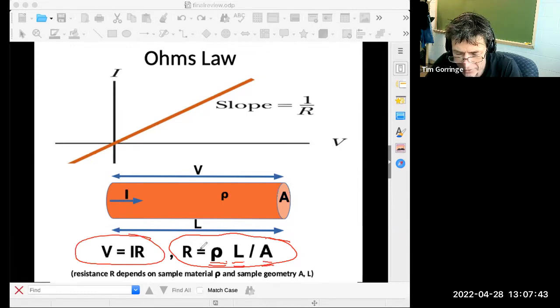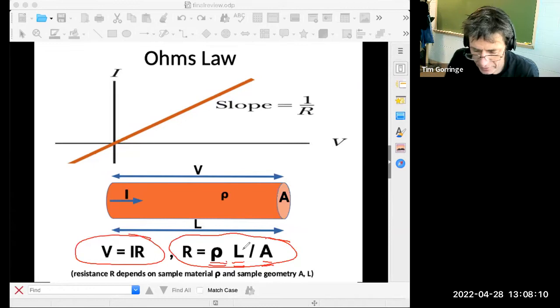So this ancillary equation tells you the resistance of a particular resistor in terms of the resistivity of the material, the cross-section, and the length. It says that if you have a longer wire, that will have a greater resistance. If you have a greater cross-section wire, because A is in the denominator, you will have a smaller resistance. So all that's encoded in that equation here.